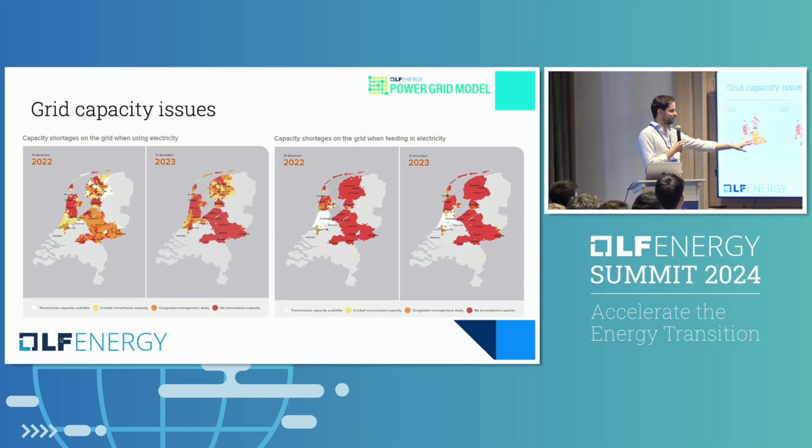And in 2023, they were almost all gone because it's all red. And for feeding in electricity to the grid, it was already almost entirely red in 2022. So we have a lot of issues, and the grid is full, at least by the old standards.